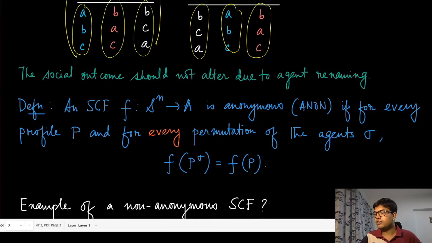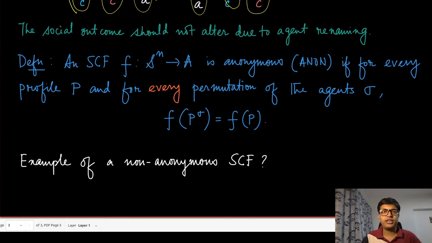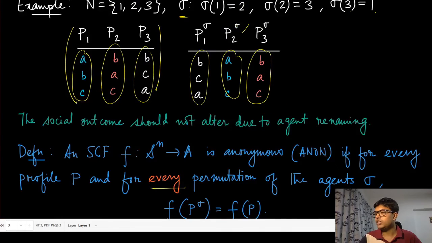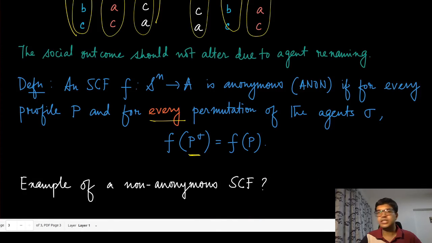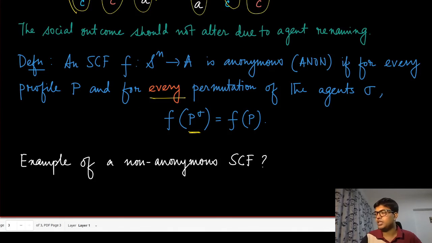So formally, the social choice function f is anonymous if for every profile P and for every permutation sigma, the social choice outcome in this new world should be the same as the social choice outcome in the original game. This is very important.